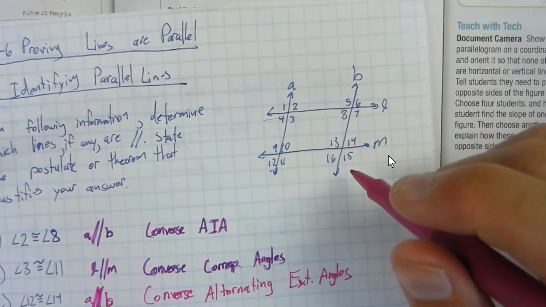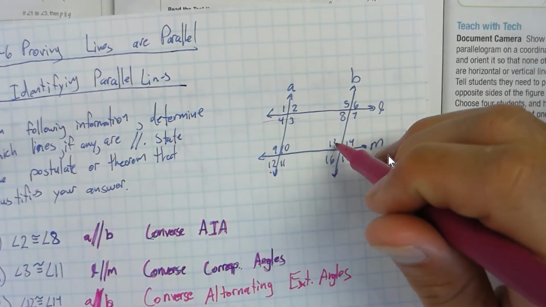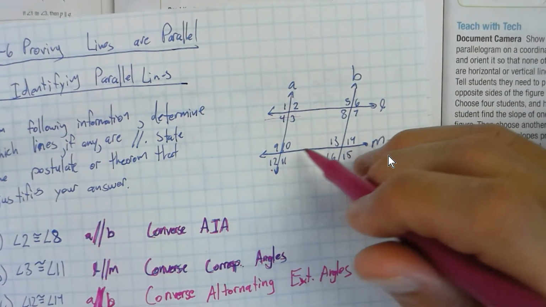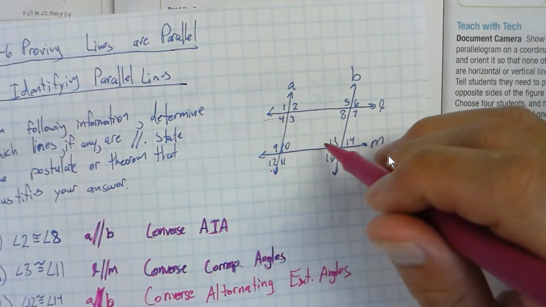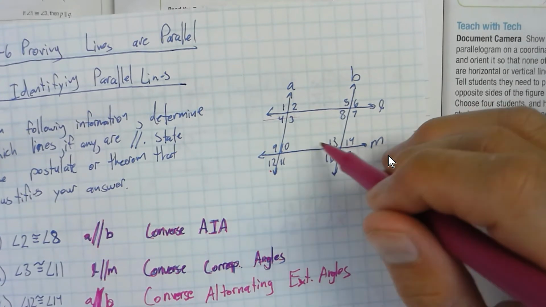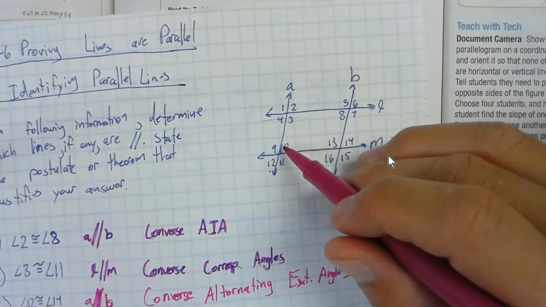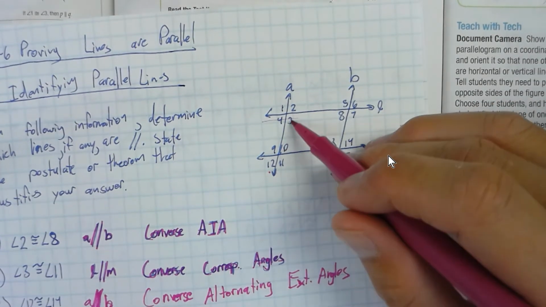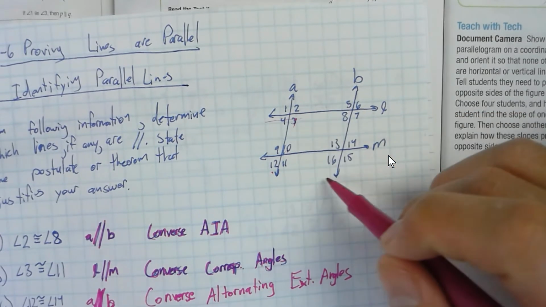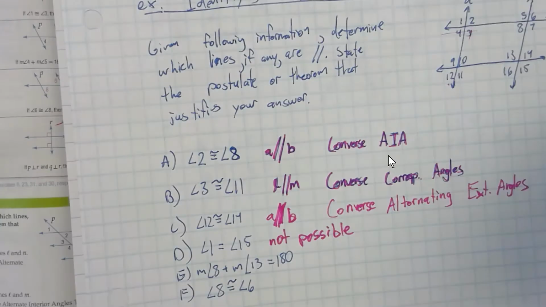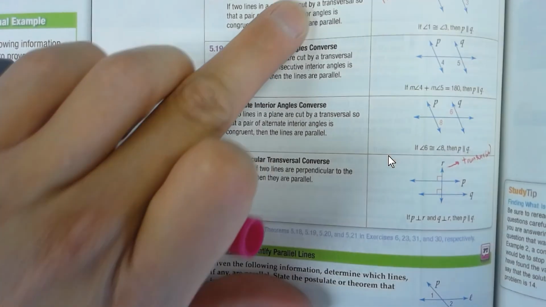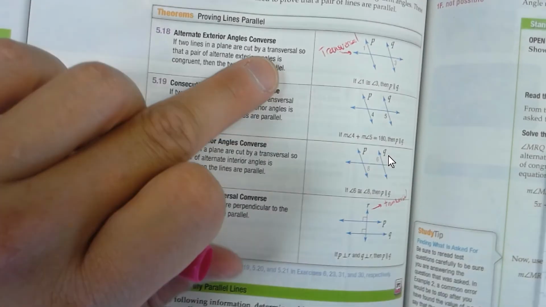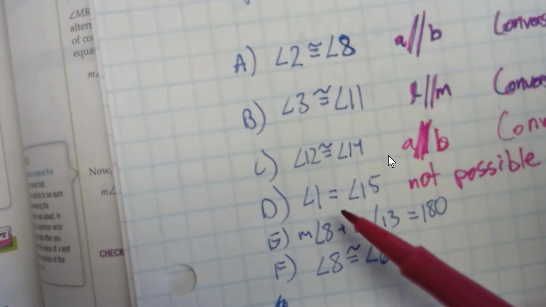You could say, oh, this is vertical to this, which is this. This connects because this is an interior. Is it a converse, a congruent, or a corresponding interior? And then this is corresponding interior, and this is vertical. You can prove it many ways, but we're saying with just one of the converse theorems in here, can we prove it only by this given information? 1 and 15 are congruent.